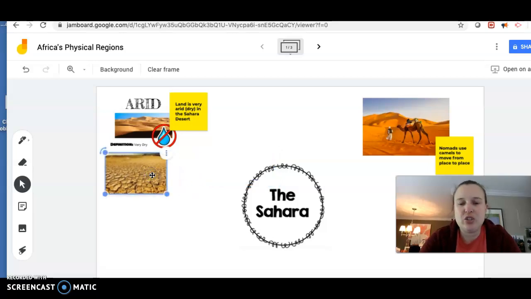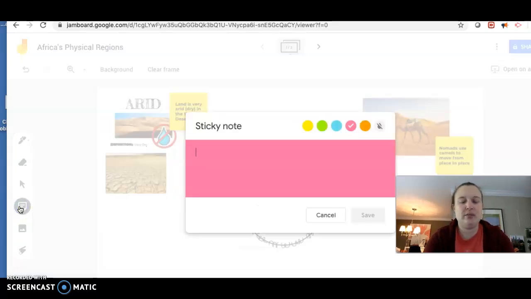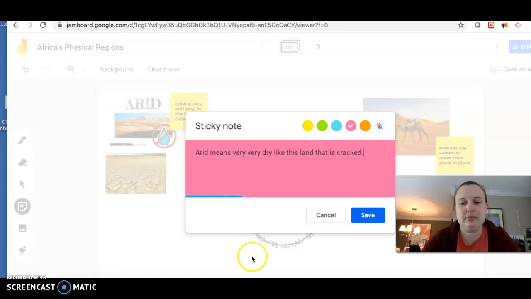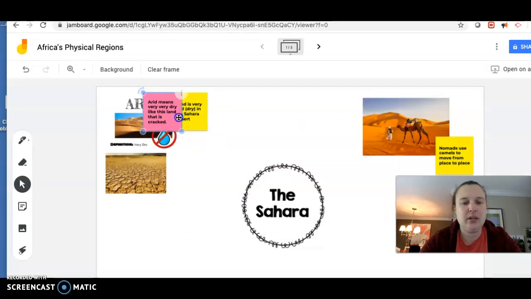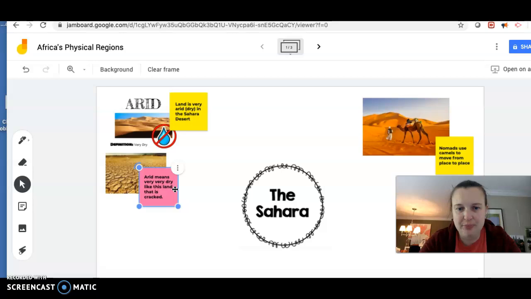So I'm asking you to add a picture and then add a post-it note. So I could say arid means very, very dry, like this land that is cracked. And then do a post-it note next to it describing the picture.